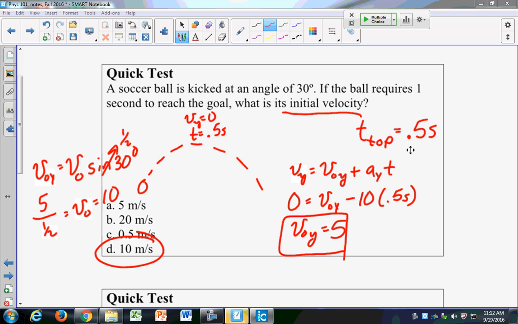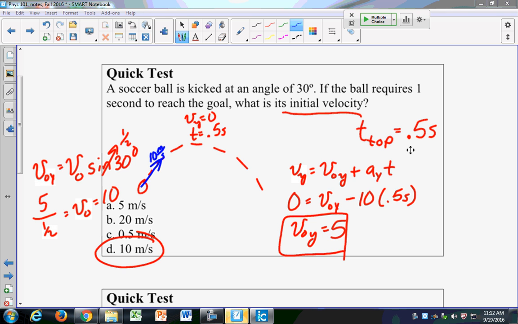Yeah. Y would be 0. Huh? V naught y would have to be 0. V naught y is not 0 because here, let's step back. This problem is different from what we did because I sort of gave you the wrong information up front, but it's still a similar problem. Well, let's sort of work it the way we normally do. What we're saying here is that V naught is equal to 10.